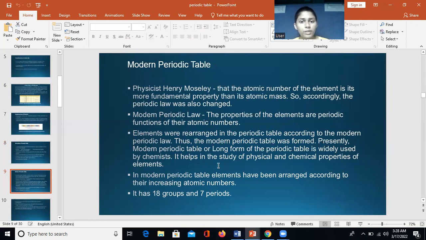Presently, the modern periodic table or long form of the periodic table is widely used by chemists. It helps in the study of physical and chemical properties of elements. In the modern periodic table, elements have been arranged according to their increasing atomic numbers, and it has 18 groups and 7 periods.